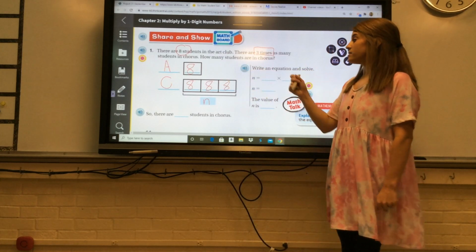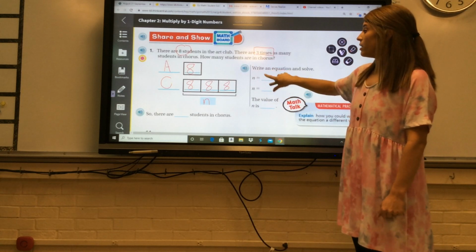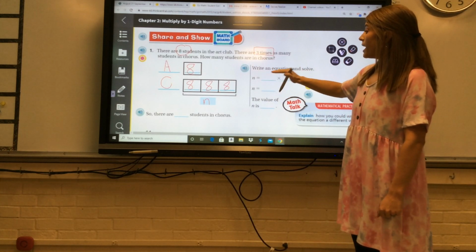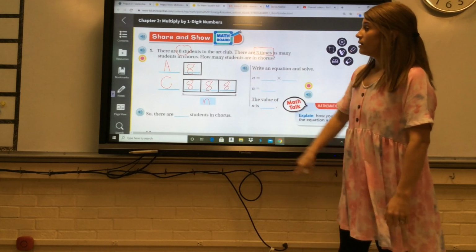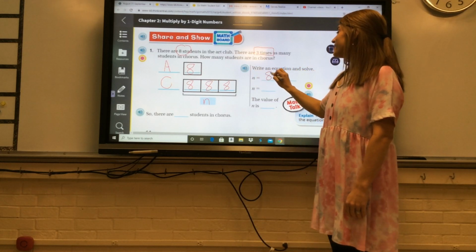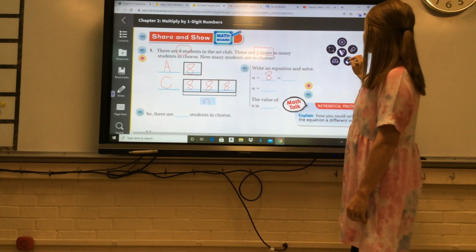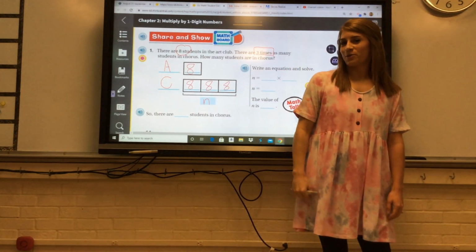And now we can write it as an equation and solve it. So n, or that unknown number, equals blank times blank. Right, 8, we'll put that 3 first so that we can say our sentence the right way.